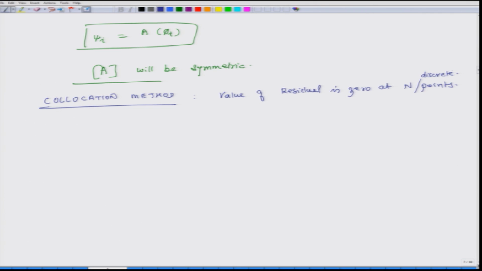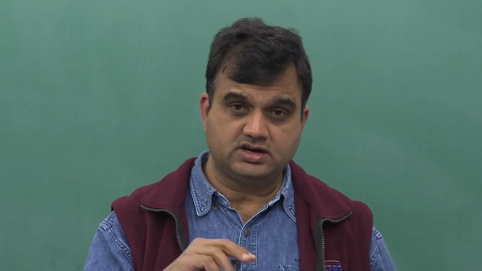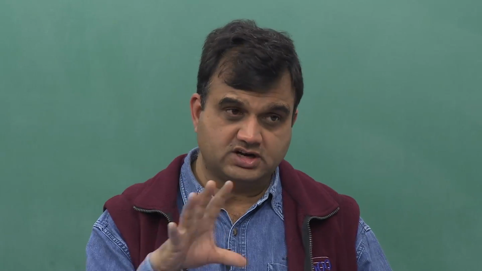So, we identify points in the domain, and suppose I have an n term solution, so I need n equations. I identify n points in the domain which I think are important, and at those n points I enforce the condition that this residual is 0.